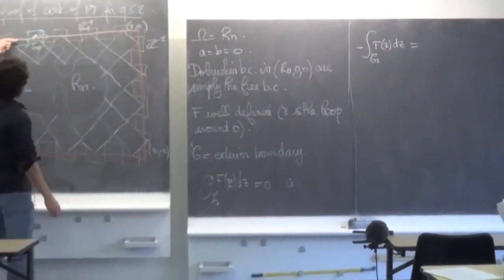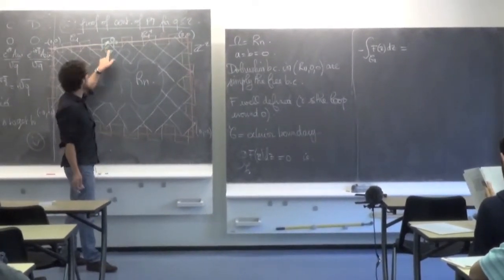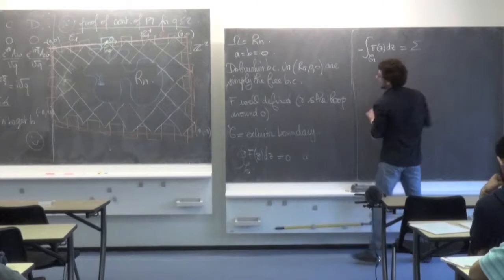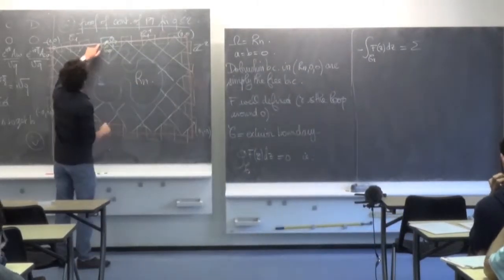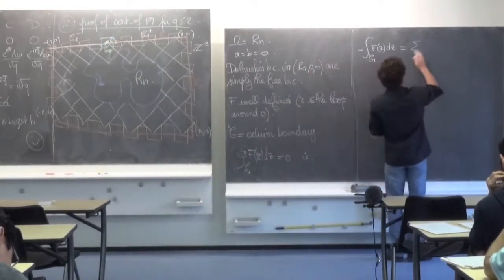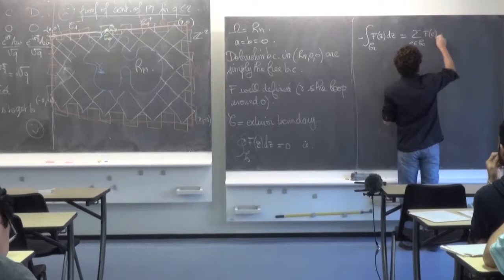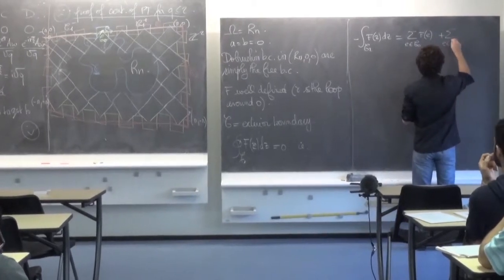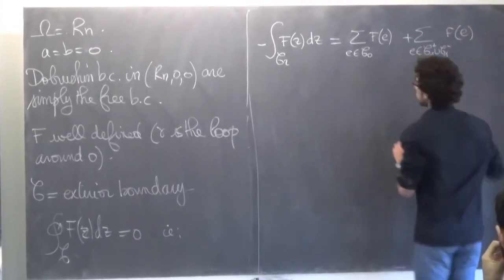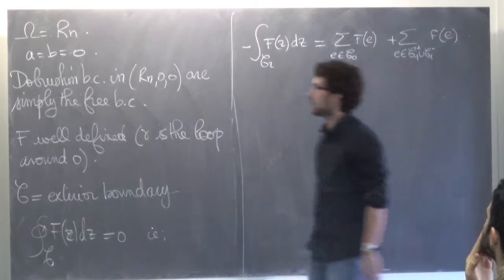At the top, because z_{i+1} minus z_i is always 1, it's just the sum of the observable around the edges there. So it's the sum over E in C0 of f of E plus the sum over E in C1 plus union C1 minus of f of E. This is an equality, okay? And the only thing I use is that on the top, z_{i+1} minus z_i is 1. Here C0 is actually the edges of the medial lattice, let's say.